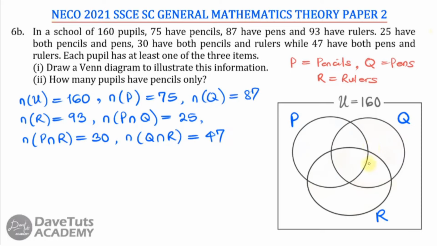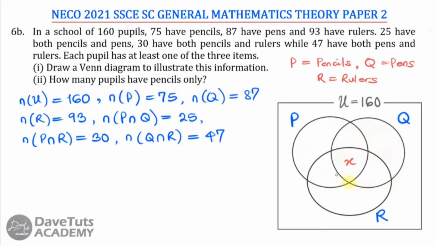You can see in the details that we are not given the number of pupils that have all three items. Since we are not given that, we can call it X. Having done that, we can work our way outwards, since we are starting from the center.